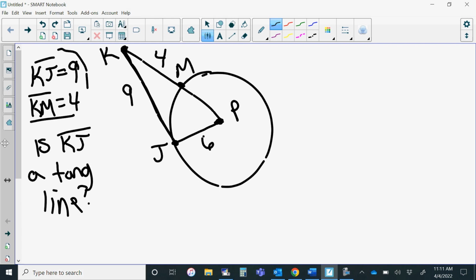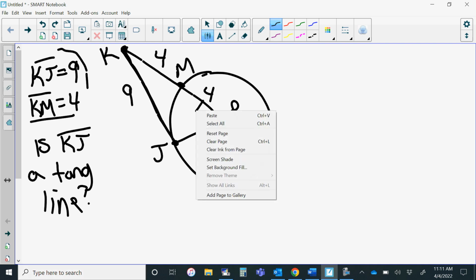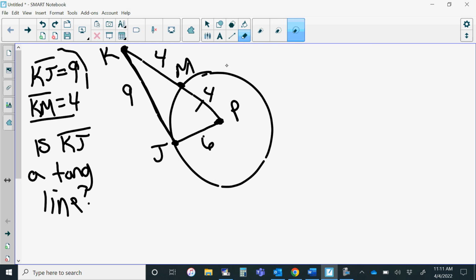I do this on purpose, right? Because this is what we like to do. We like to use our eyes, and we go, M looks to be about the midpoint, doesn't it? So then we say, if this is 4, then this has to be 4. Is that true? No. What do we know? We know if it goes from the center to the outside, it's a radius.